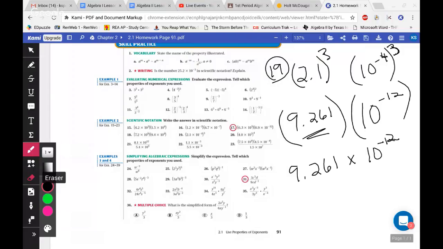If it's a power raised to another power, that's when you multiply the two exponents. And when it's a division problem, you're going to subtract, which we'll see in number 21. So I'll make sure that I'm stating them, so hopefully they become a little more ingrained, and maybe they'll make a little bit more sense.